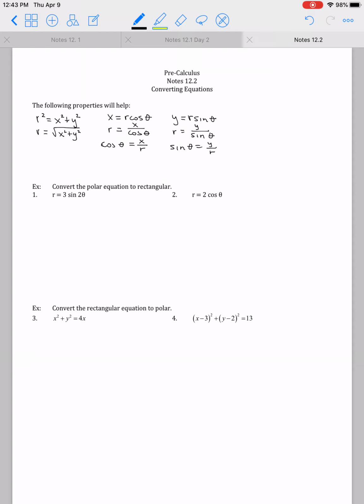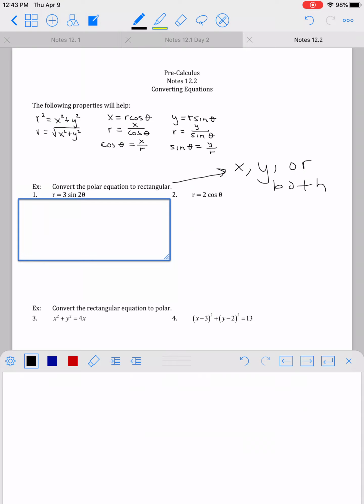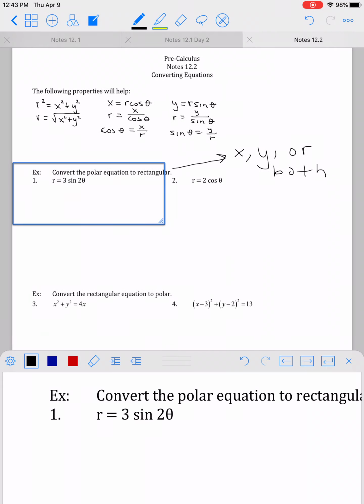So here's the deal. If we're going to convert polar to rectangular, I am looking for x, y, or both. So when we start this one, the very first thing we're going to do is we've got the 2 theta in there, and that's the double angle property.